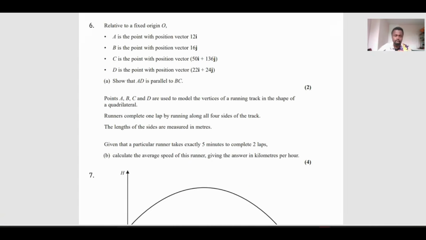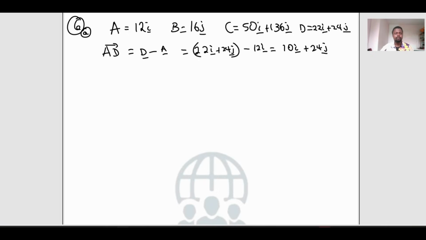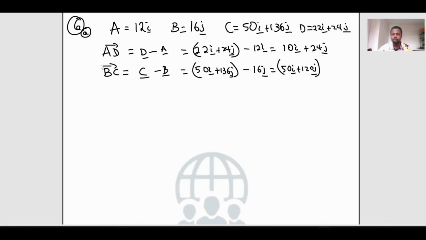Then the second one is BC. You also find BC, and BC is C minus B. C minus B, we have 50i plus 136j minus B, which is 16j. So we're going to have 50i plus 120j, all right?